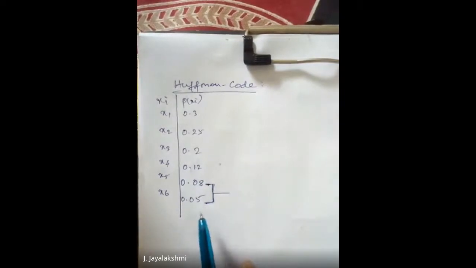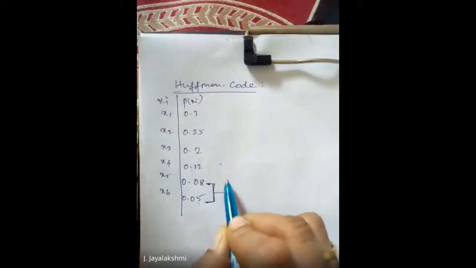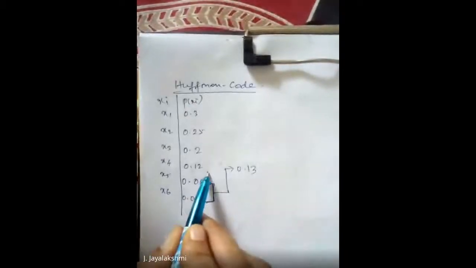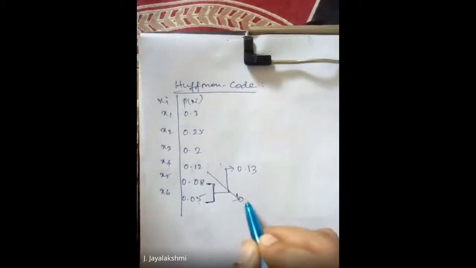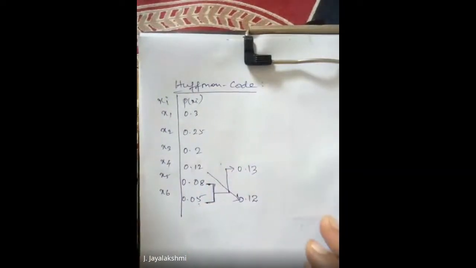Okay, ma'am. So, add these two probabilities, results with a probability 0.13, which is greater than this 0.12. So what you are supposed to do is, take this 0.13 over here and bring this 0.12 to the below, because at each and every stage, if you proceed, you have to arrange that in descending order.